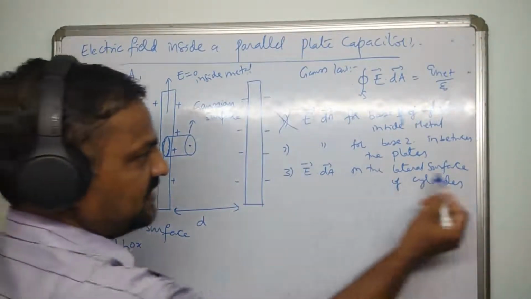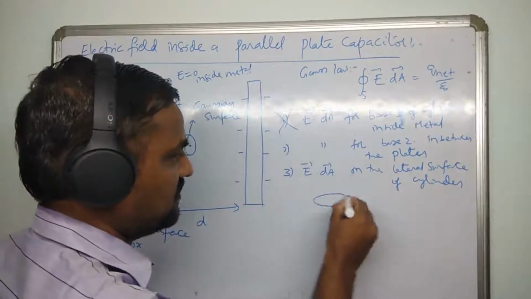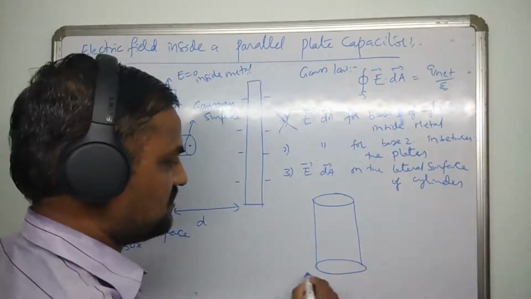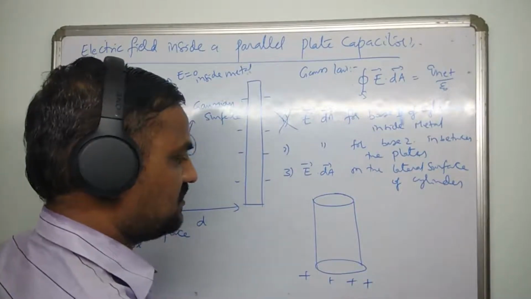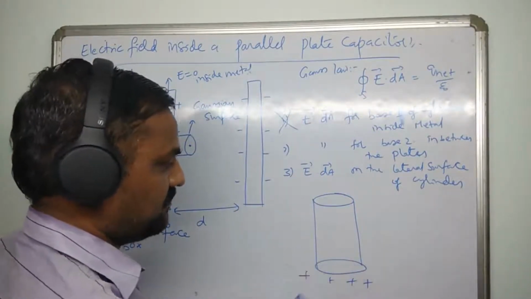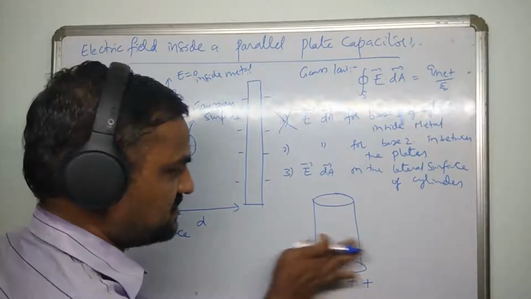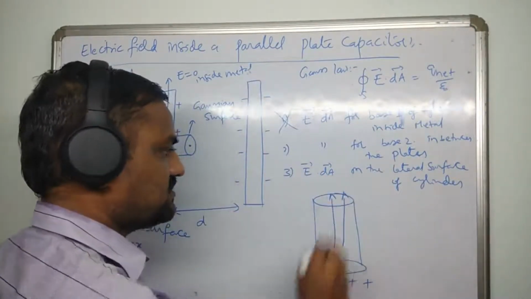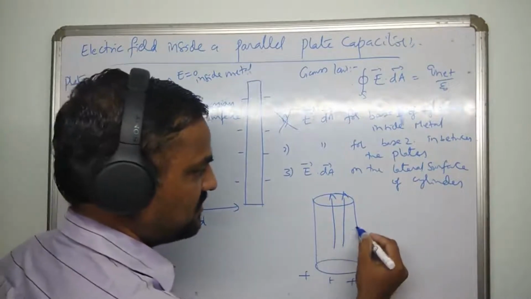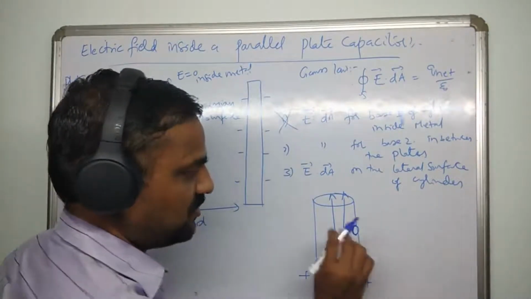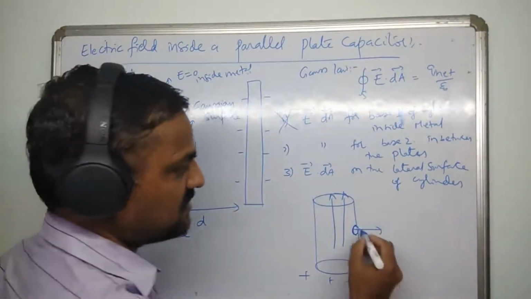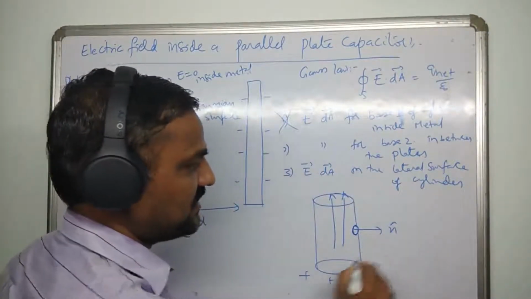And if you look at the lateral surface of a cylinder like this, as we have charges somewhere here on the plate, of course inside, these pluses are inside here. So the electric field will be something like this. If you take a smaller area element here on the lateral surface, it is going to be in this direction. This is n cap.